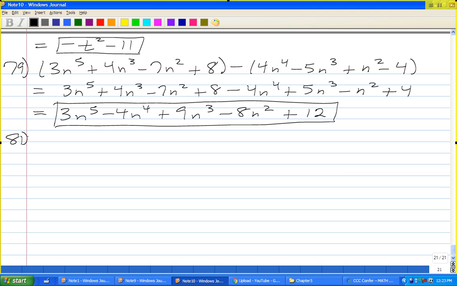81. y squared minus 2xy minus 3y squared plus 4xy.